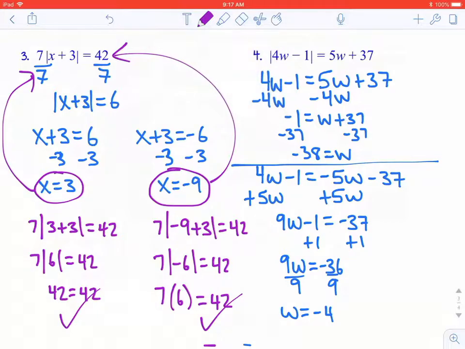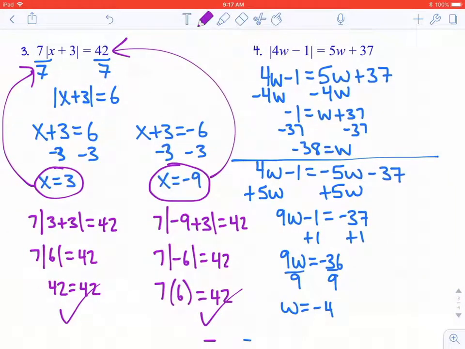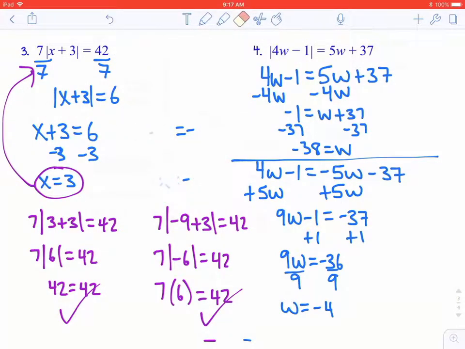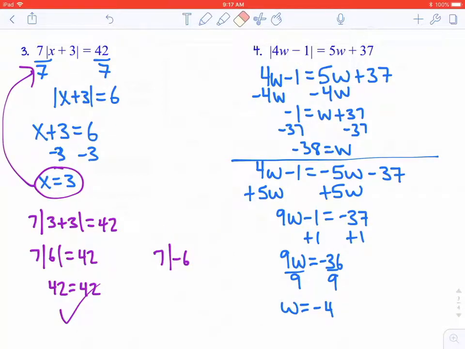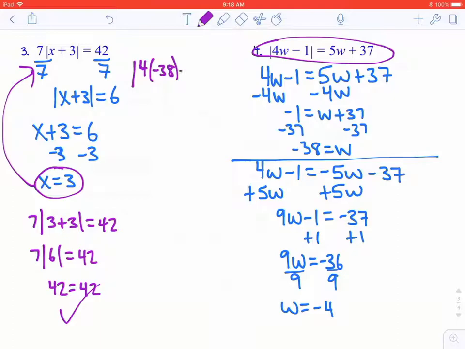Okay, so let's plug these back in. I'm going to erase number 3 to give me some space over here, or at least part of number 3. Okay. So if I check my solution, remember we got to go back to the original problem. And I'm going to plug in negative 38 for w. So I have 4 times negative 38 minus 1.